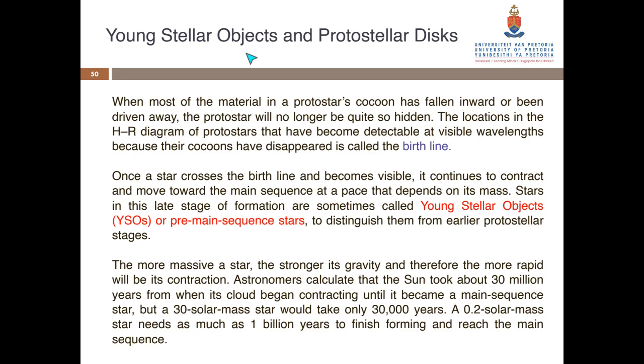But a 30 solar mass star would take about 30,000 years, and a 0.2 solar mass star needs as much as a billion years to finish forming and reach the main sequence. So this is quite an important point, which means the more massive a star is, the more quickly it will go through this stage and start its life on the main sequence. The smaller it is, the longer it will take.